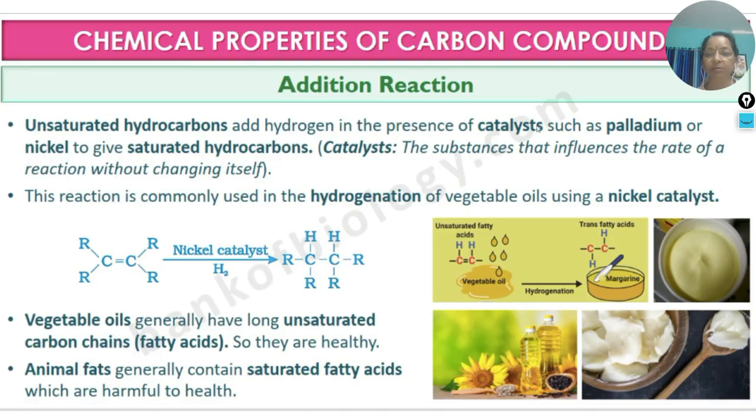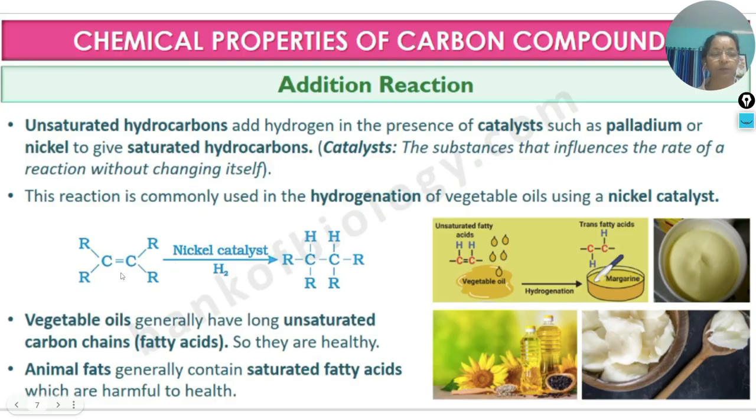Here the catalyst can be palladium or nickel. So this is the reaction equation. See, there is an unsaturation. You can see that after the addition, there were 4 R. R means the carbon chain; it can be carbon chain or even hydrogen, no problem. Then we can see that the 4 R is there itself.